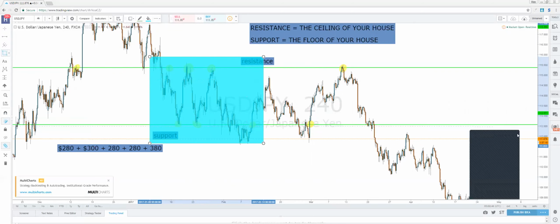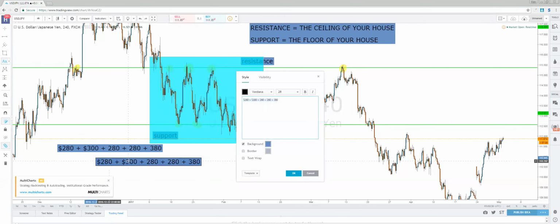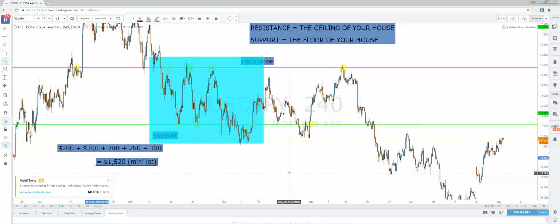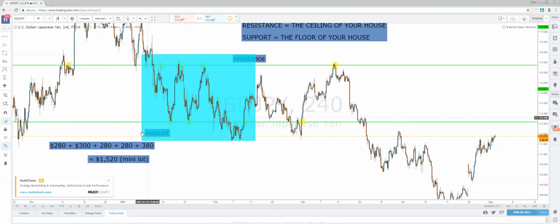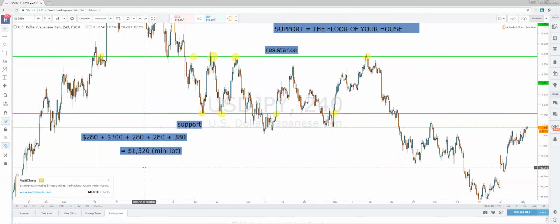That's $1,520, guys. If you would have caught this up-down swing, up-down swing, this whole movement here, on a mini lot, risking $1 a pip, you could have made $1,520.